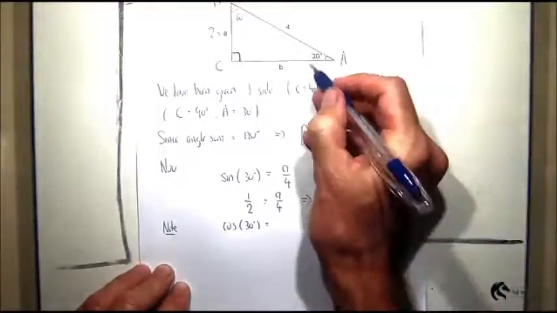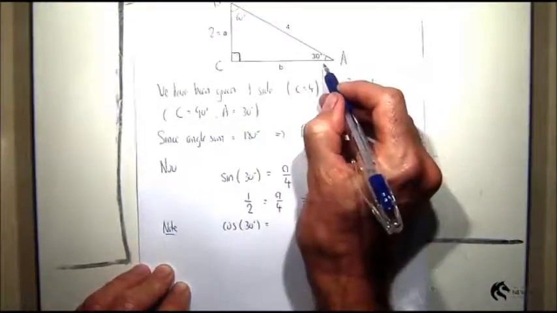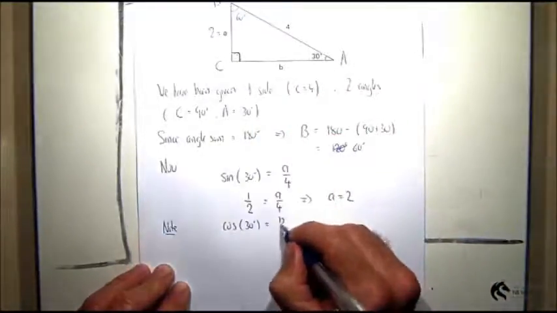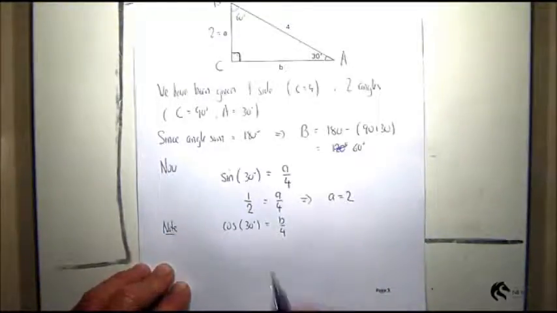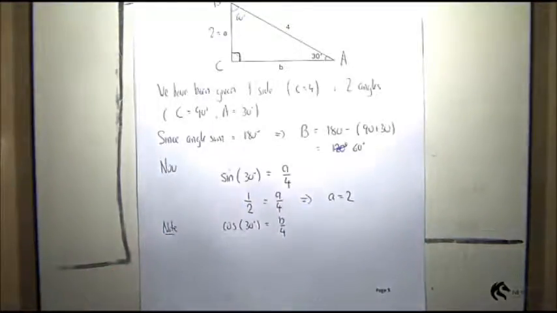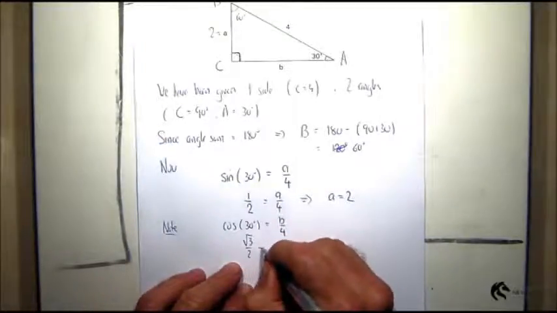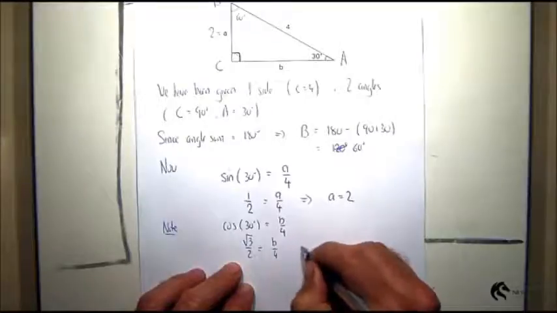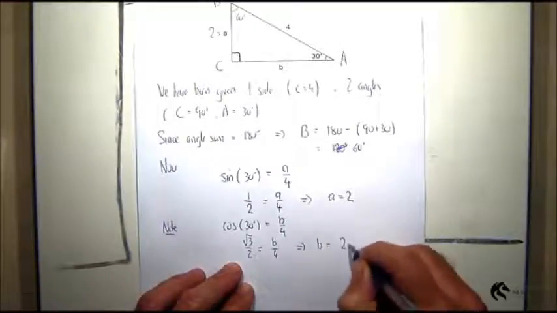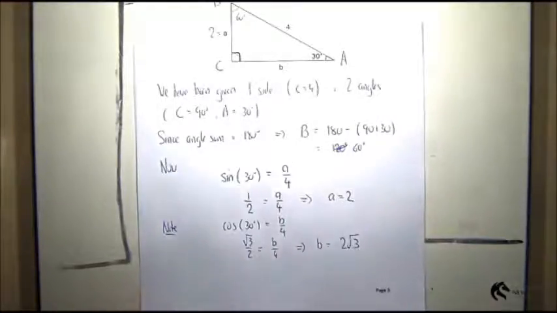So for 30 degrees, that side B is the adjacent. And so that would be B on 4. The cosine of 30 degrees we have as the square root of 3 on 2, according to the box. So I have the square root of 3 on 2 is equal to B on 4. So B must be equal to 2 root 3. And so I found B.